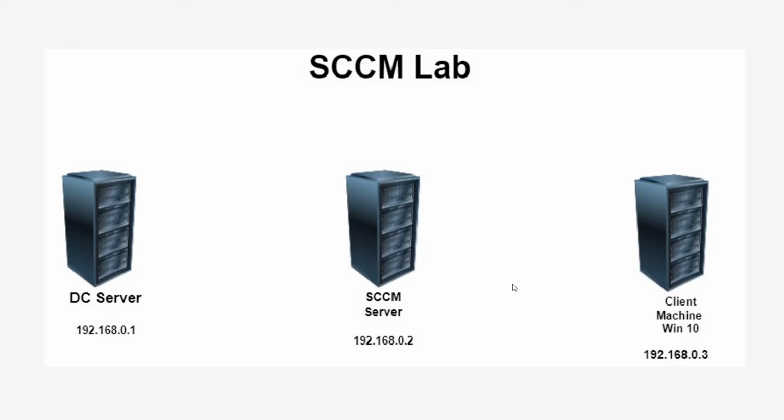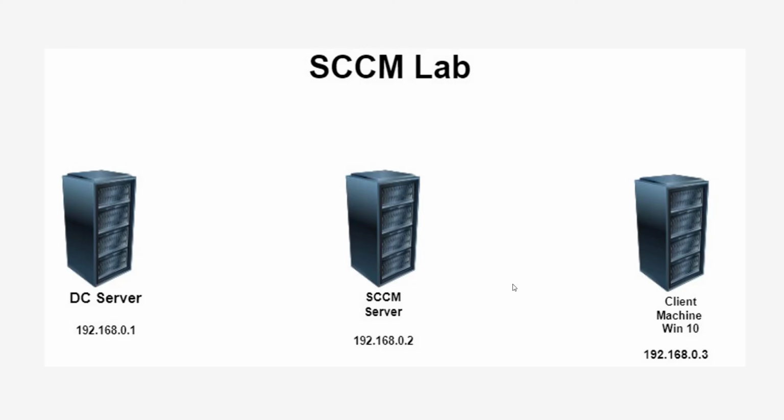We will have one DC server with the IP address 192.168.0.1. Then we will install an SCCM server that would be 192.168.0.2. Then there would be a client machine, it could be Windows 10 or Windows 11, anything we can install, with the IP address 192.168.0.3.